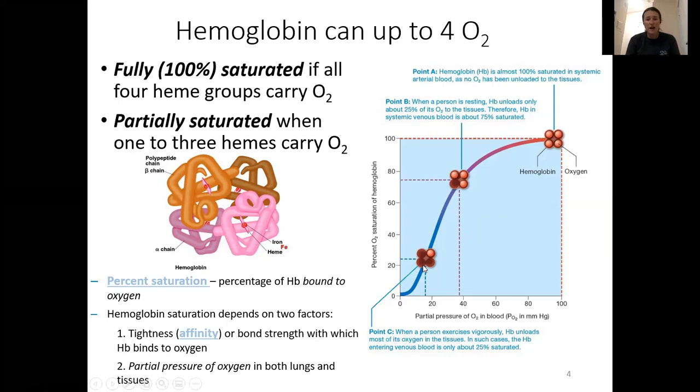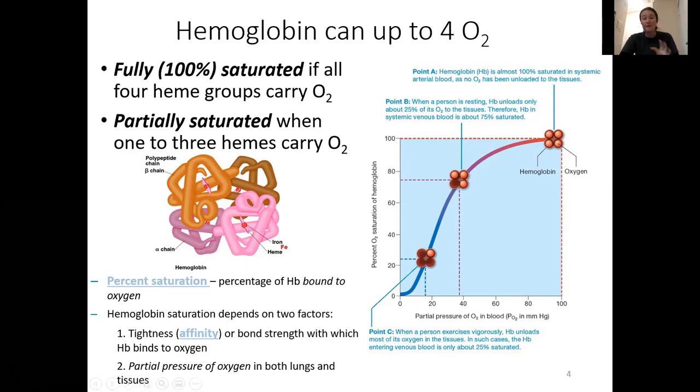This hemoglobin saturation depends on 2 different factors. First of all, a term called affinity. So how much that oxygen just holds on to that heme for dear life, or vice versa. Affinity means, not to anthropomorphize, the heme wanting to hold on to oxygen, as opposed to low affinity, which would be the heme kind of spitting off that oxygen.